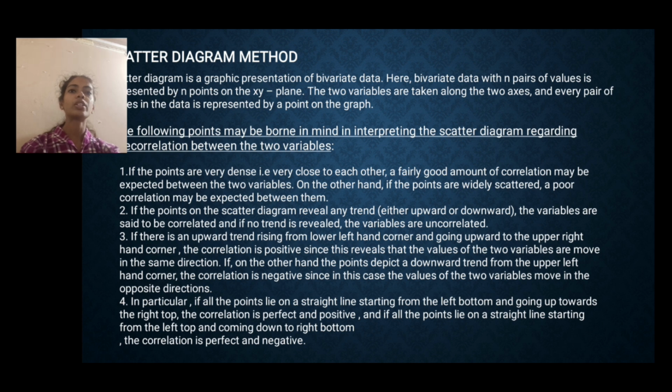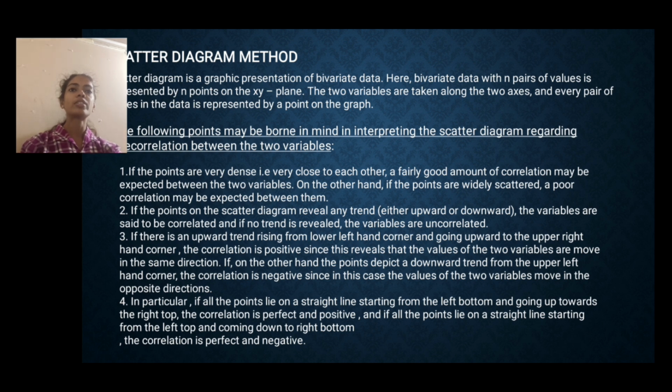If the points on the scatter diagram reveal any trend, the variables are said to be correlated, and if no trend is revealed, the variables are uncorrelated. If there is an upward trend rising from the lower left hand corner and going upward to the upper right hand corner, the correlation is positive, since this reveals that the values of the two variables move in the same direction.